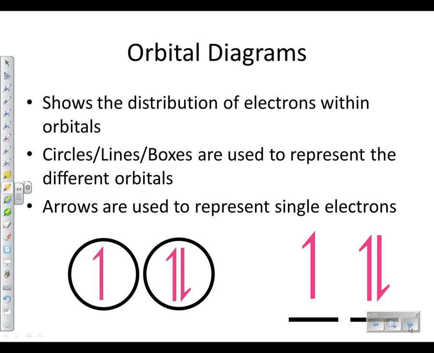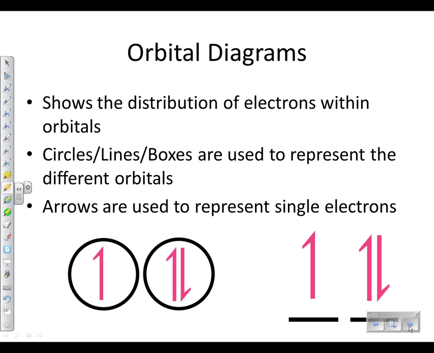Sometimes you might see just single lines drawn to represent the orbitals themselves, and then these arrows represent electrons. But most importantly, the first thing is showing the distribution of electrons within orbitals. That's what we're trying to accomplish with the orbital diagram.